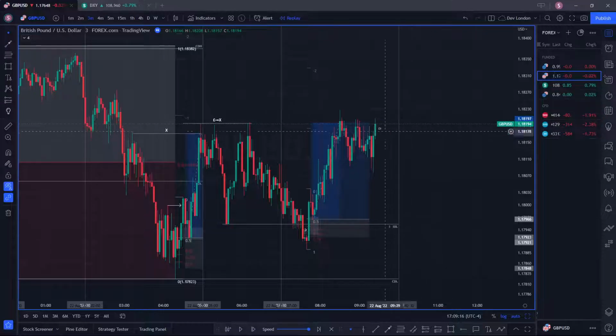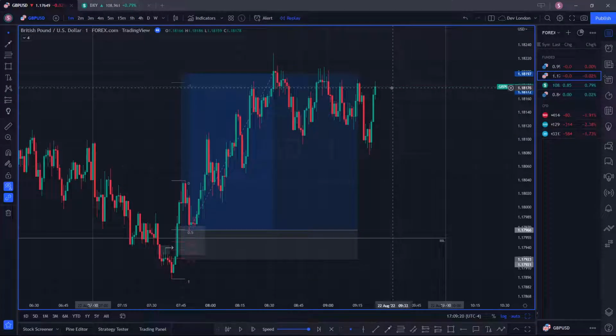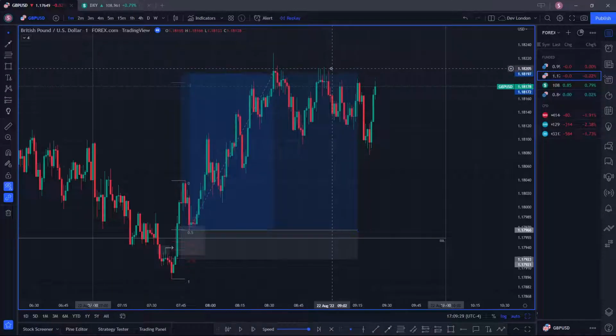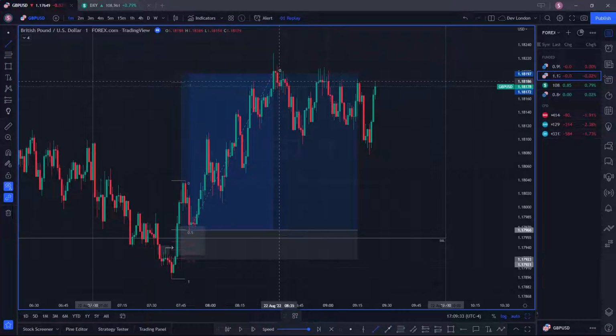We don't have any fair value gaps to trade from. On the 1 minute, we could probably take this fair value gap and probably stop loss above here because these are actually relatively equal highs right here. We have some relatively equal highs, some liquidity here. This is liquidity to me.